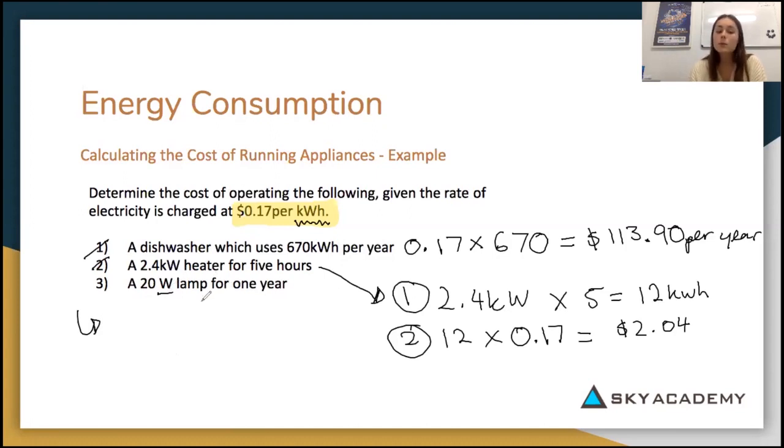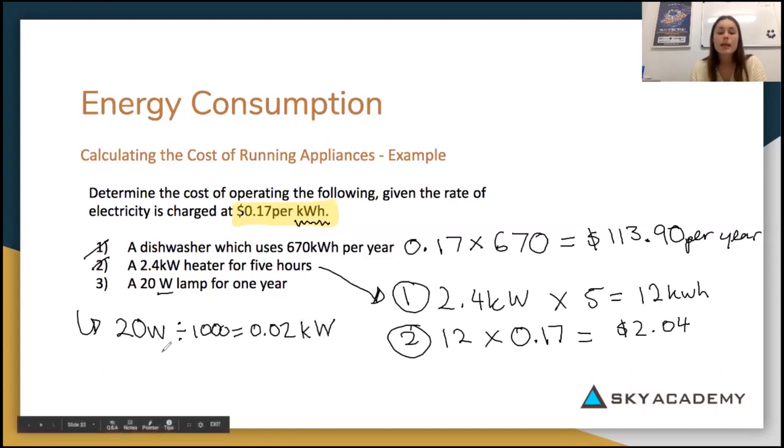So if we have 20 watts, we're going to divide that by 1,000, and that's going to give us 0.02 kilowatts. Now we've got our kilowatts, we need to figure out our kilowatt hours.